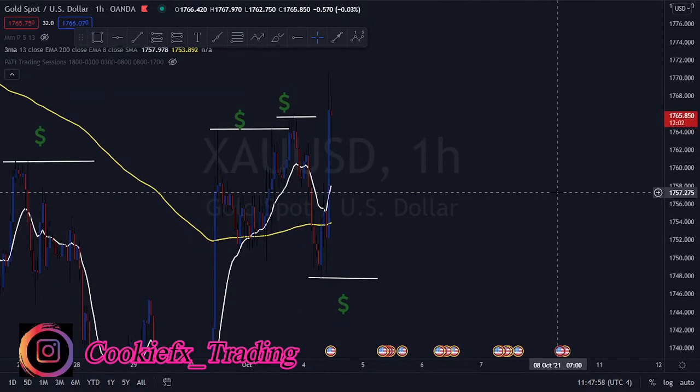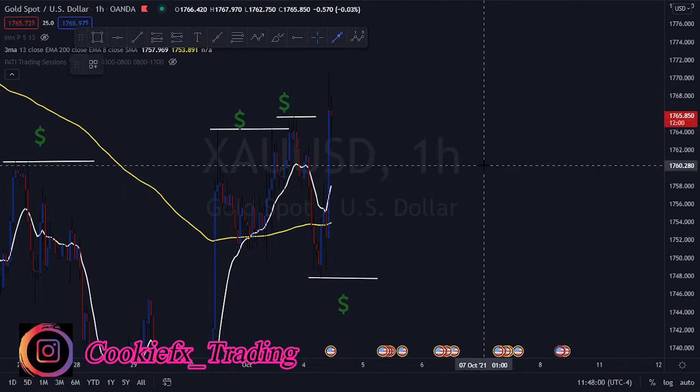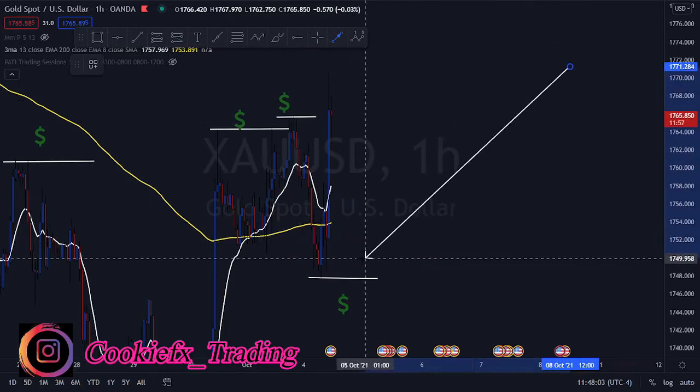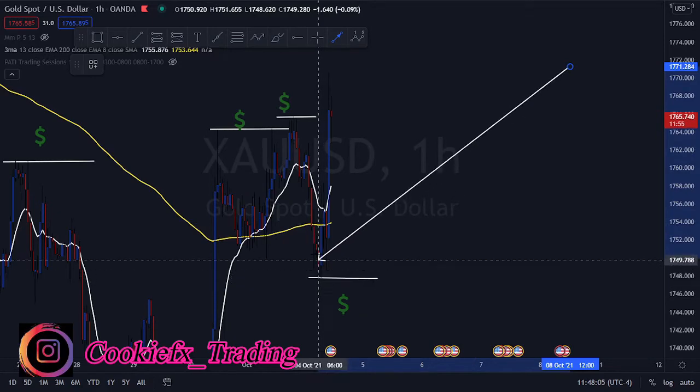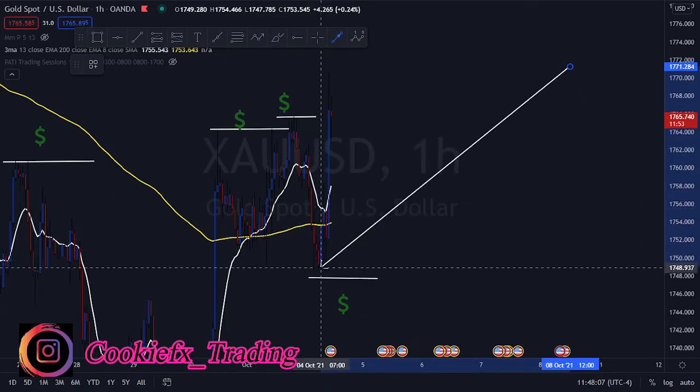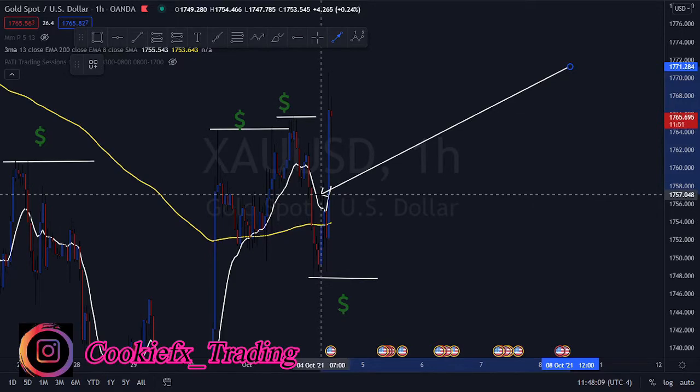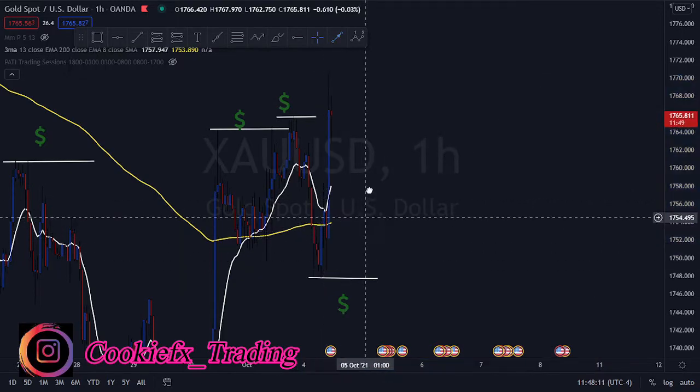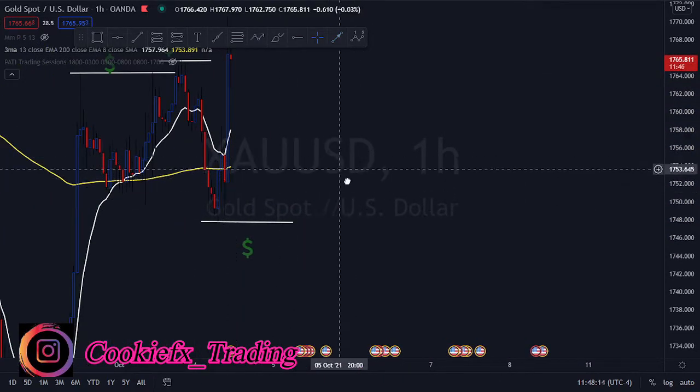So this is today, by the way. The market right here, the move started, the banks and retail traders started pushing price up, but then it came down. This is actually a fib play.